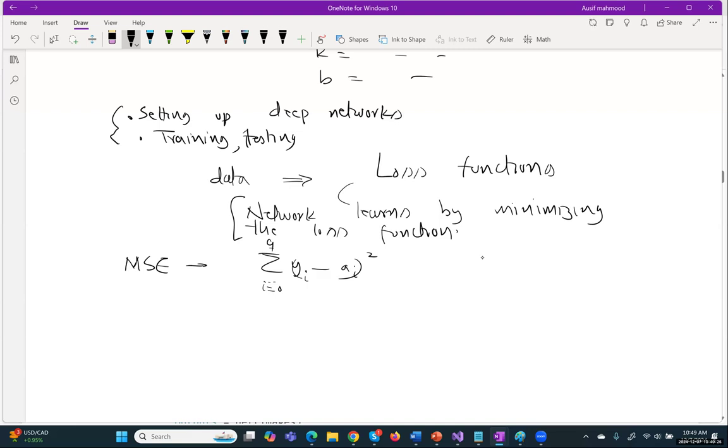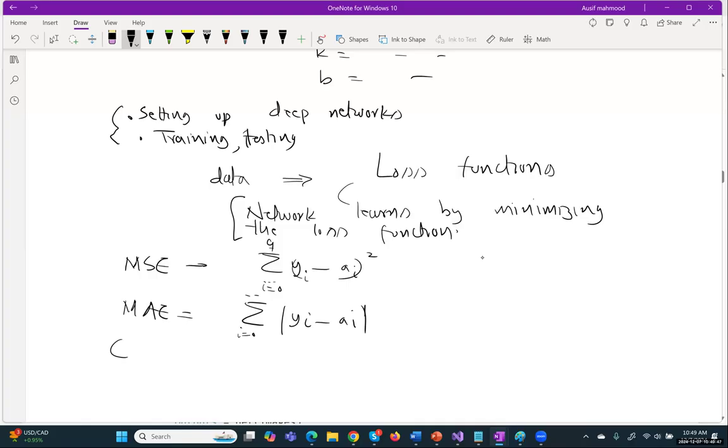If there are 100 outputs, it will go through 100, right? The same way we can have mean absolute error, where we take y_i minus a_i and take the absolute value, over whatever the number of outputs is, right?